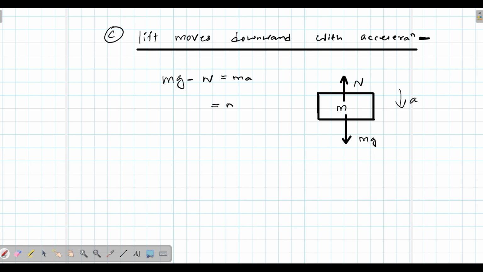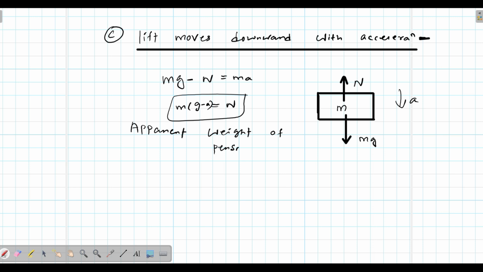N equals m into g minus a. Apparent weight of person in a lift decreases.